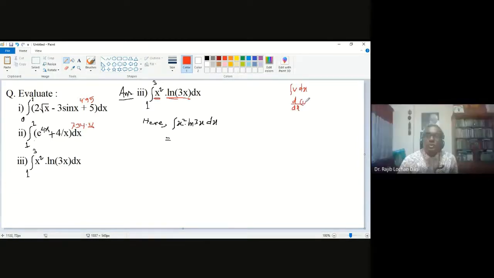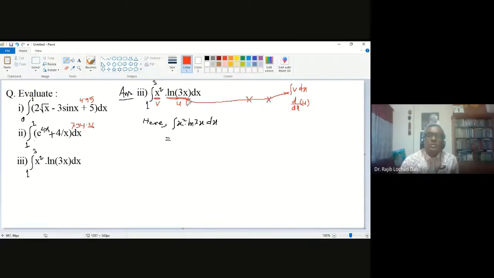Yes, sir. So if you take ln x as your v, that will go to the integration area. But how can you integrate? Because you do not know the ln x integration. Okay, just let us suppose we do not know. So in this case, you will consider ln as your u and x square as your v, so that this will not go to the integration area.